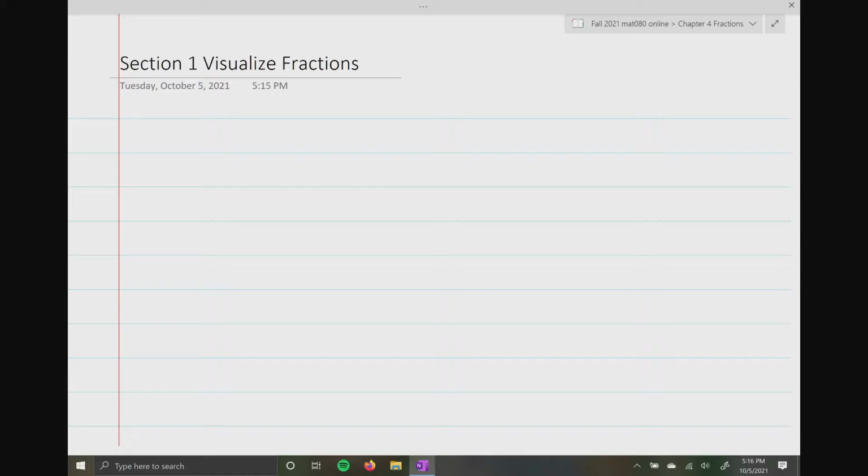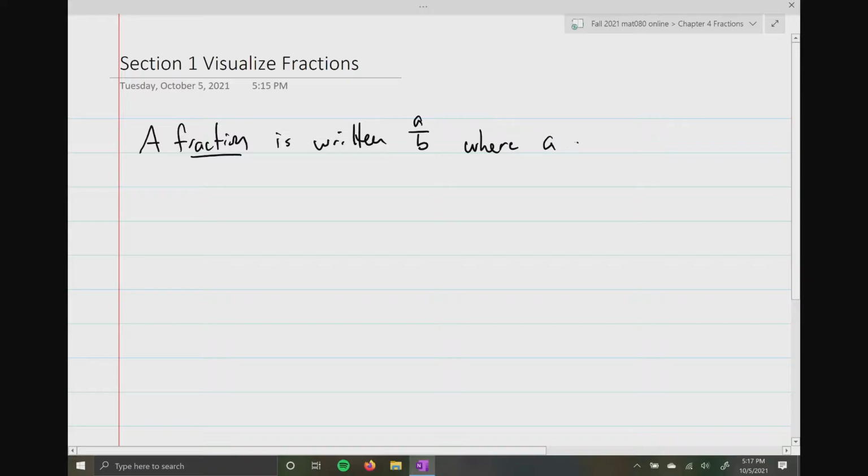So first, let's go ahead and define what a fraction is. A fraction is written as a over b, where a and b are integers and b is not allowed to equal 0.